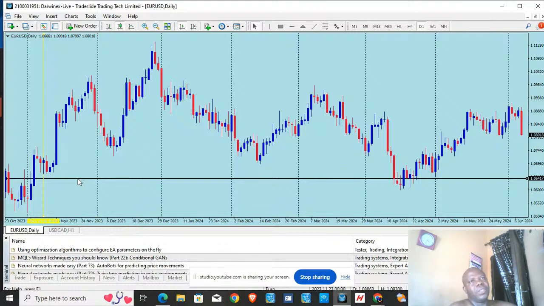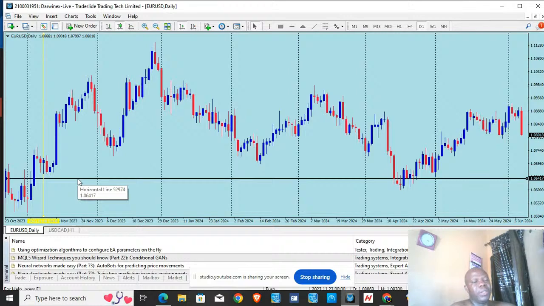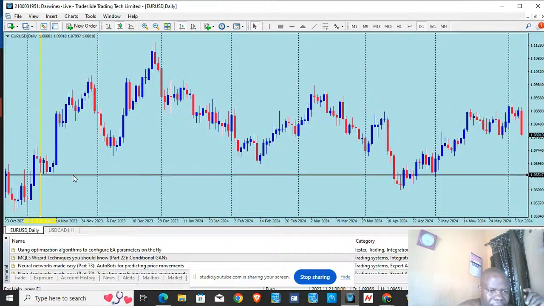Just using different time frames, starting from the higher time frame, then entering with the lower time frame, to make sure they are all in the same direction. Assuming somebody entered here and put a tight stop loss here. Let's check the low. The low of this is 1.0659.